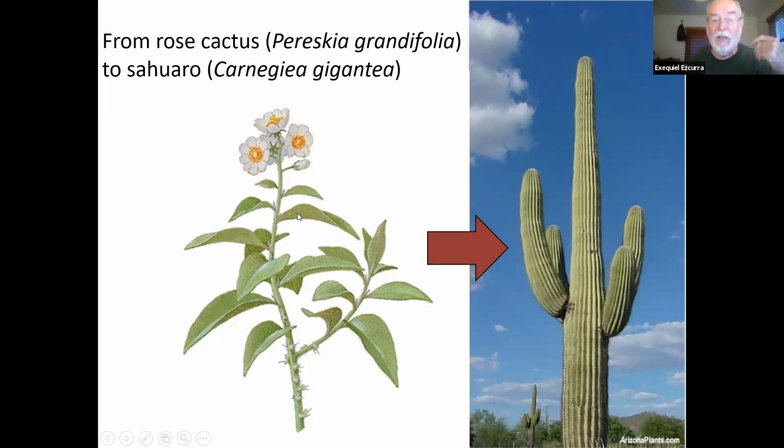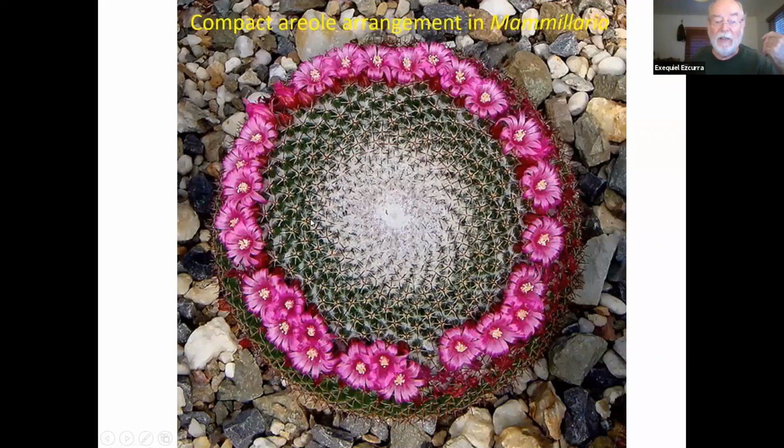When you see these plants in the field, the areoles are so compact, the stem is so compact that it looks like it belongs in a completely different kingdom, as a matter of fact. Some people will cultivate them because they believe they look like underwater organisms, like corals or anemones or medusas or something like that, but they're really dicotyledon plants.